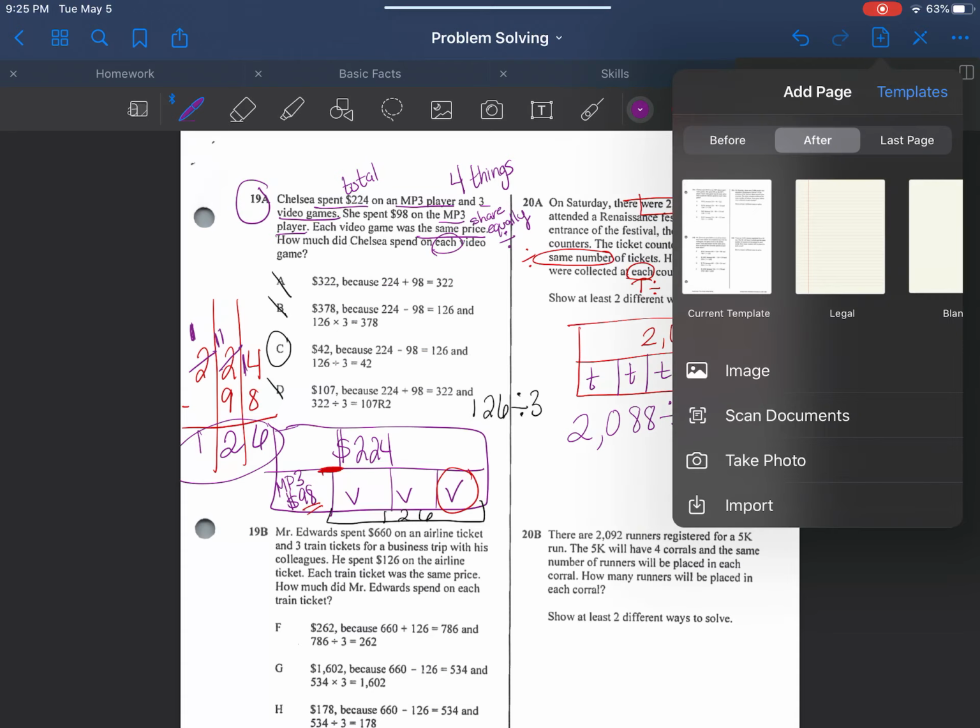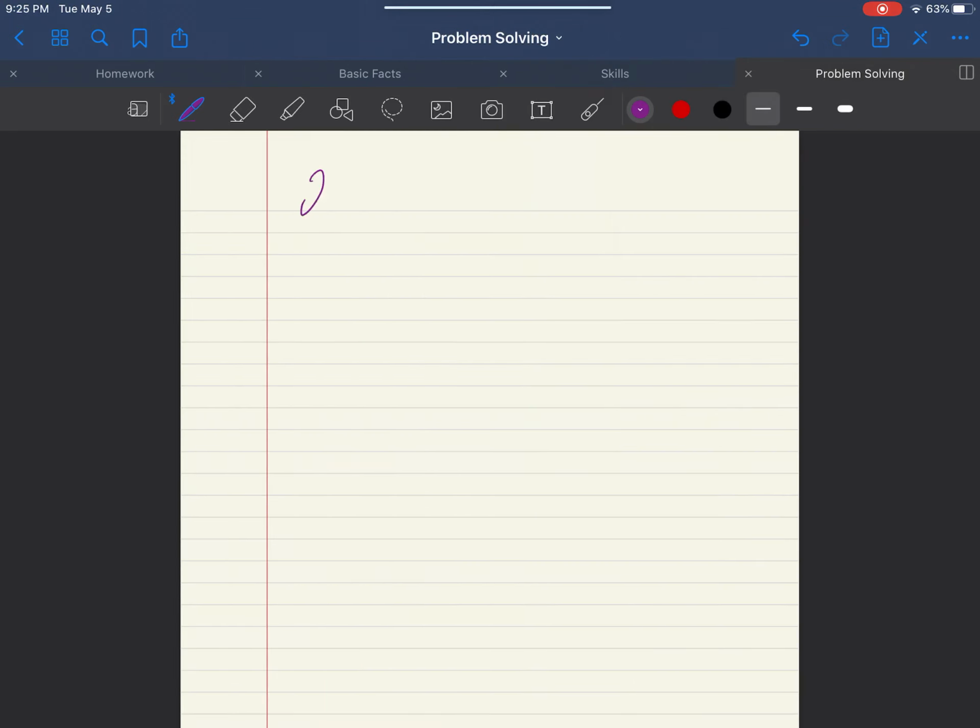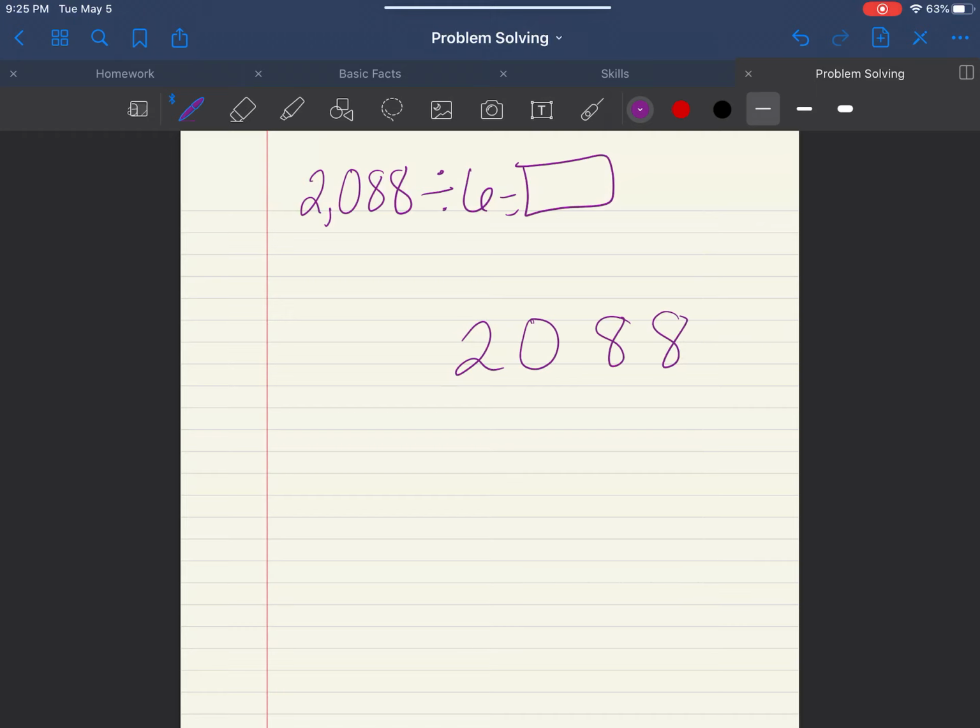That would be one way. And then we could also do the box to show 2 ways to do that. So let me go ahead and, I don't think it's going to fit here. So let me get another page. 2,088 divided by 6. So let me do the long division first.